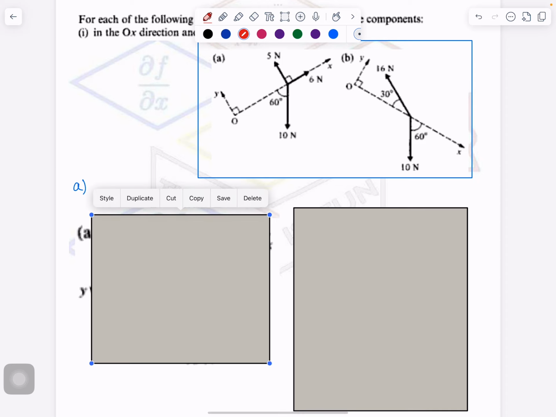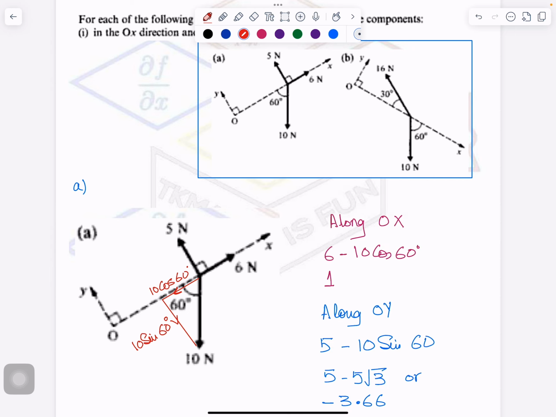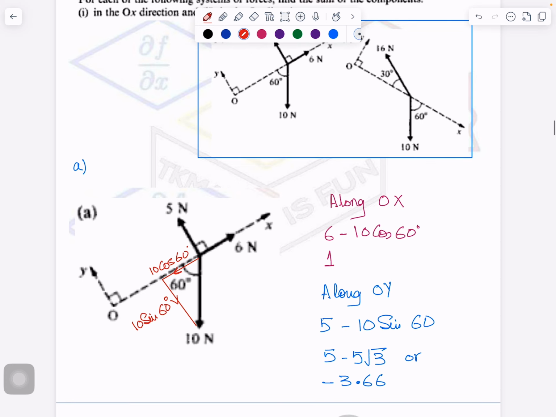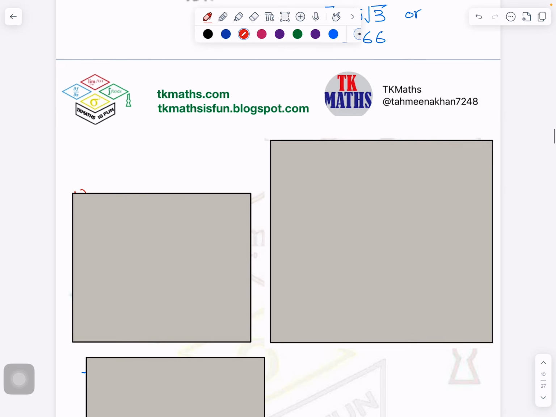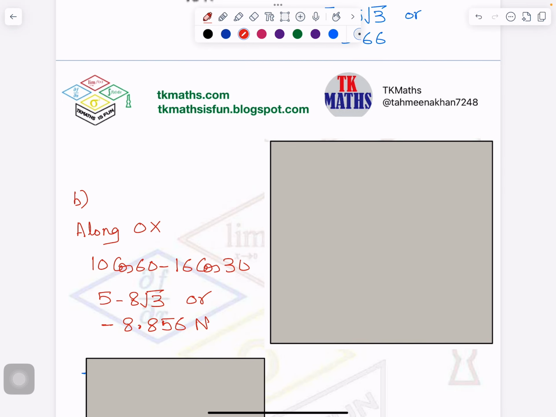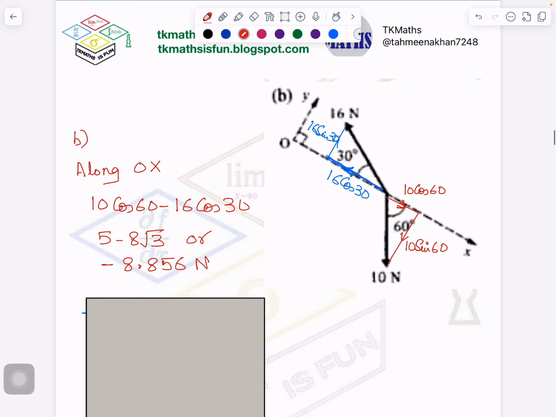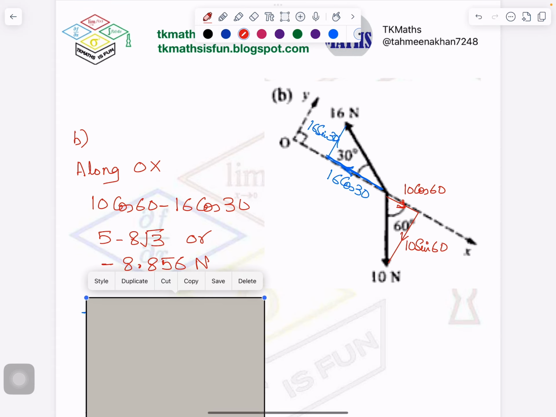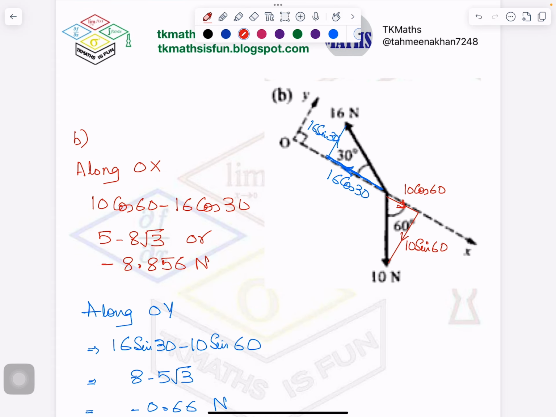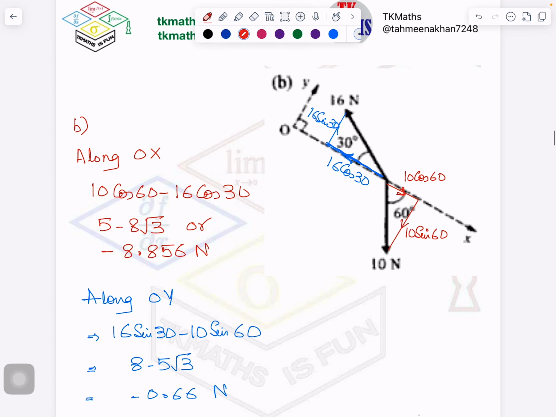First of all, I am showing you how to resolve it, and then along OX and along OY. Okay. Then for the second diagram, the diagram is here. Along OX and along OY.